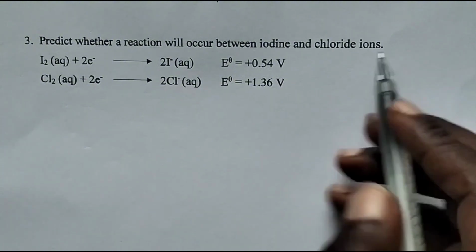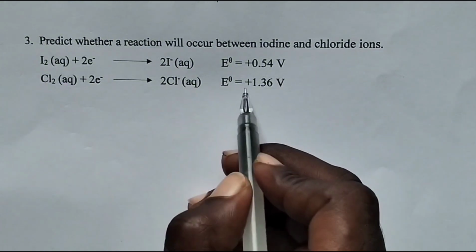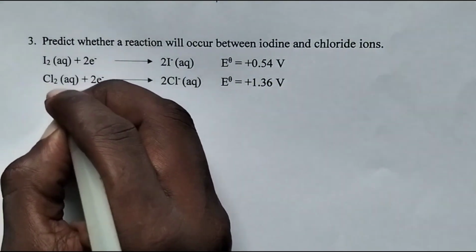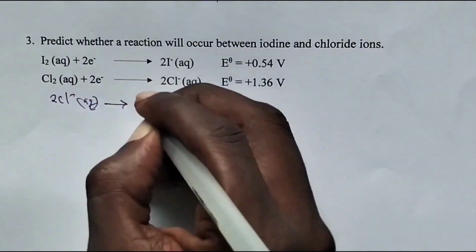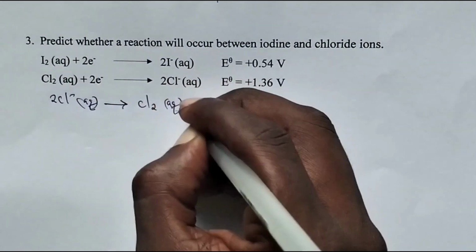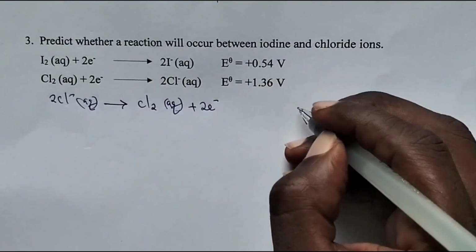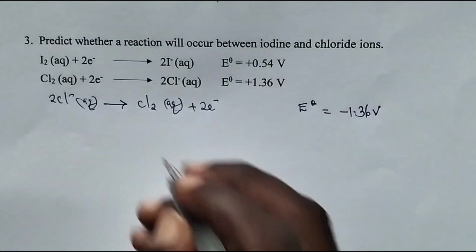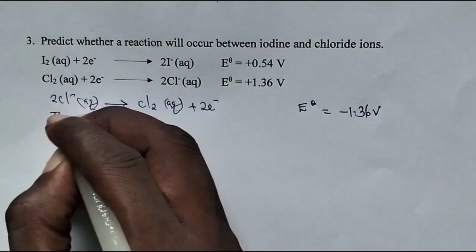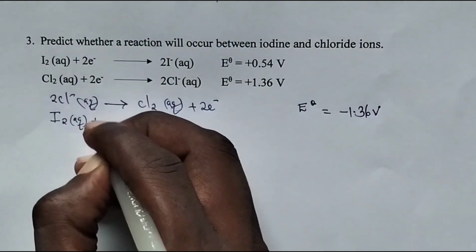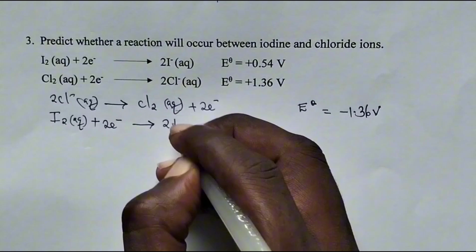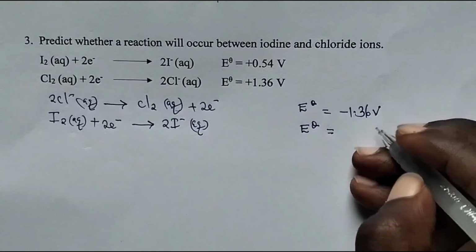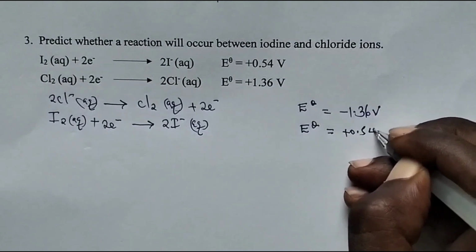If chloride ions are the reducing agent, that means we can reverse the equation for chloride ions: 2 chloride ions aqueous arrow chlorine aqueous plus 2 electrons, and even the sign will change, so this will be negative 1.36 volts. The one for the oxidizing agent, iodine, will be the same as it was before: iodine plus 2 electrons arrow 2 iodide ions aqueous, with the standard electrode potential value of positive 0.54 volts.